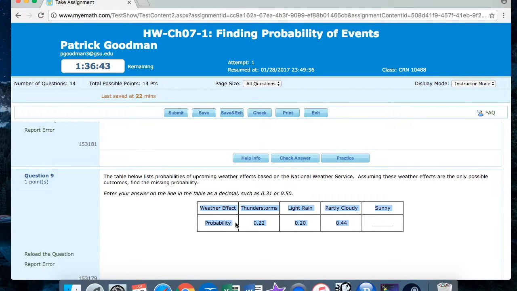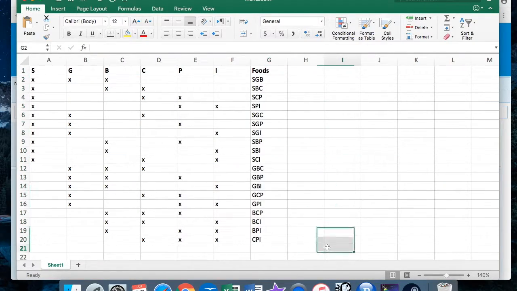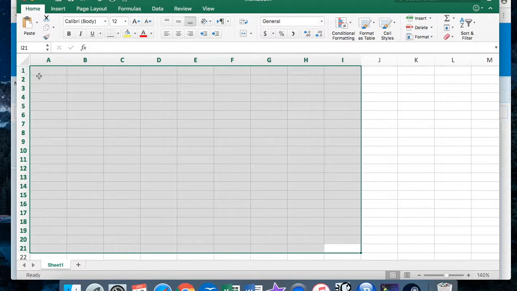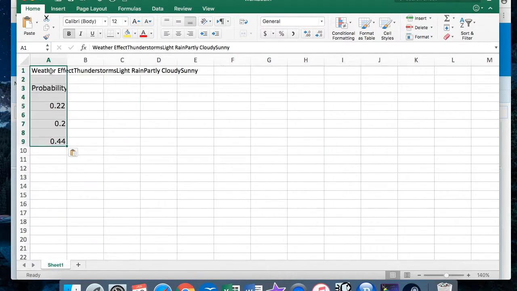So the probability should sum up to 100%. So all that we're missing here is 100% minus these guys, and we'll find our sunny. So I just take this up here, copy it over. Looks kind of nasty, but whatever.